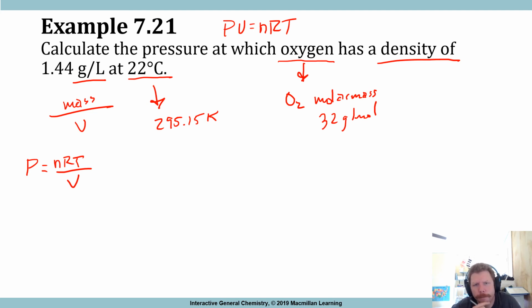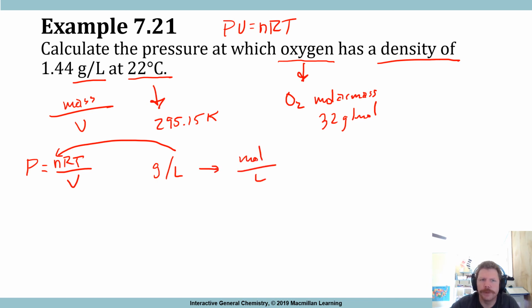Okay, now this might seem a little bit strange, but this N value we actually kind of have. We have that because what we can do is convert from grams per liter to moles per liter. The way that we do that is by using our density. The density that we're being asked about is 1.44 grams in 1 liter. Because this part of our equation, N over V, is moles per liter, which is what we're aiming for.